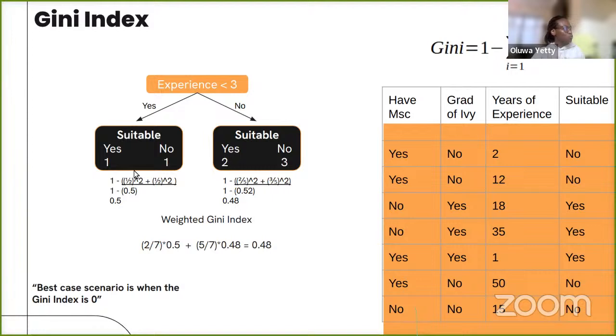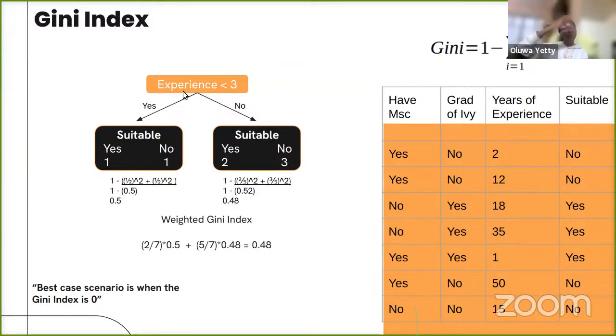By the time we do the weighted Gini index, we can decide to discard one of them, because the closer the Gini index is to 0, the better. We can say, okay, it actually doesn't make sense that I'm checking when the experience is greater than 35, because the Gini index is giving me a very low signal, so let me go with this one. I wanted to give a holistic picture, because what I've done is show you just one particular part.